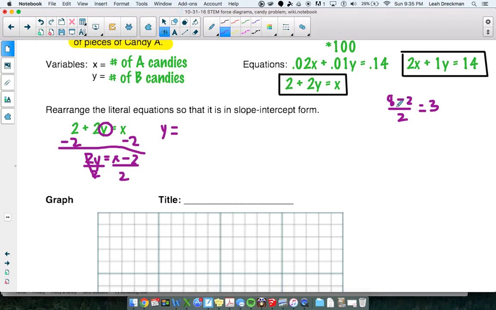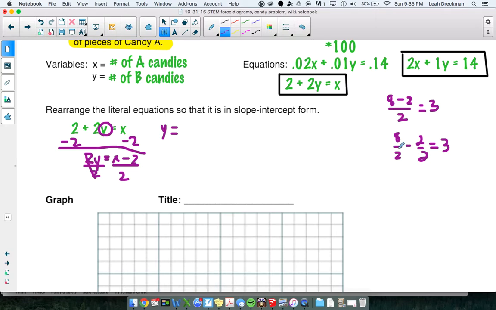Okay, now check this out. If I take my division and split it up, if I take 8 divided by 2, and apply the denominator to the 8, and then apply the denominator to the 2, we still get 4 minus 1, which is also 3.